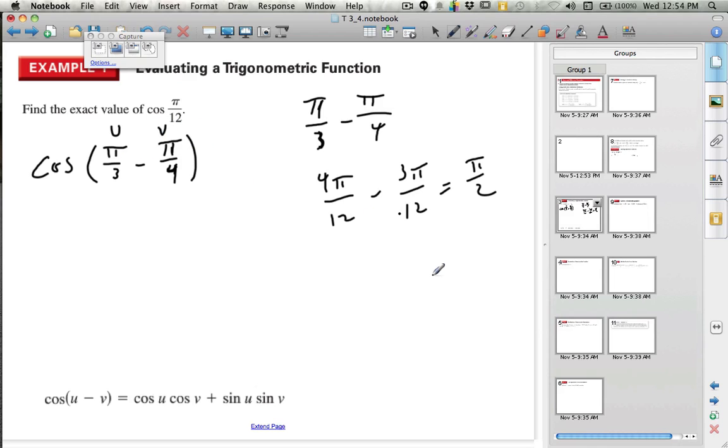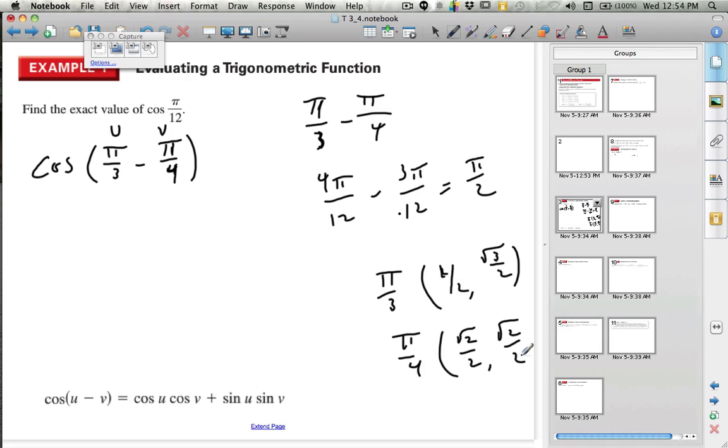When we think about pi over 3, it has an x coordinate of 1/2 and a y coordinate of radical 3 over 2. And pi over 4 has radical 2 over 2 and radical 2 over 2. I'm just writing these down so that it's easy to get.